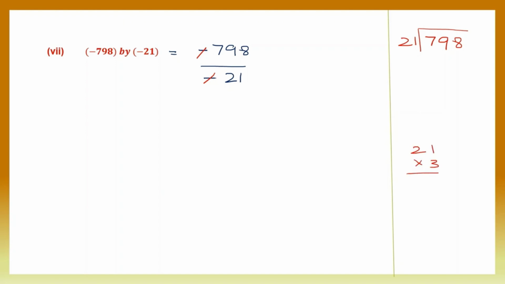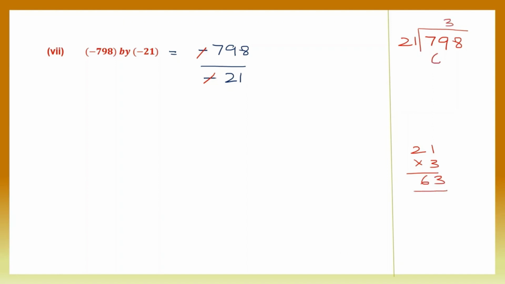Question 7. Now here, let's write down the question. Minus 798 divided by minus 21. So signs are the same. So answer will be positive. You can cancel off the signs and divide 798 by 21. So let's try 21 into 3 because we need to get a number close to 79, which is there in the question. So 3 ones are 3, 3 twos are 6. We can use this.